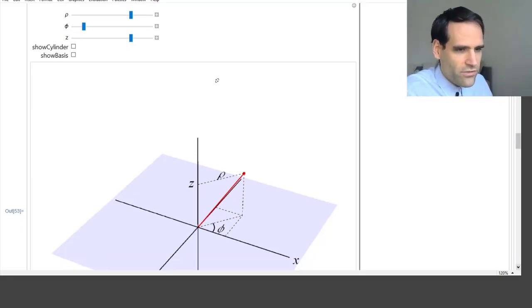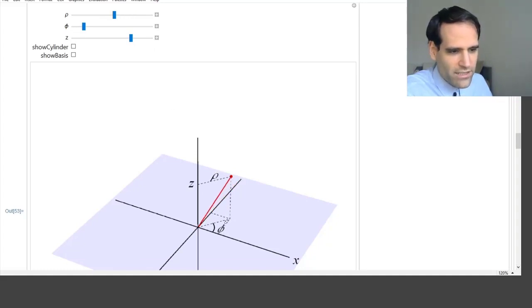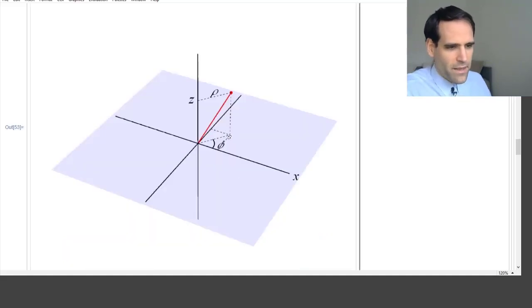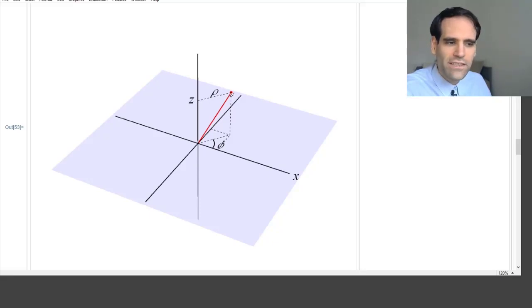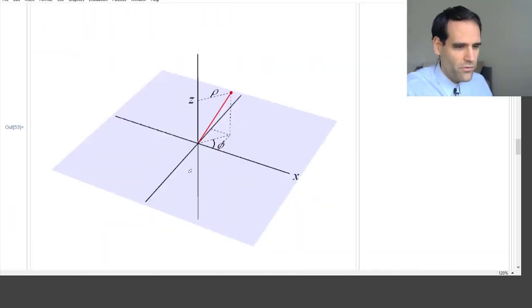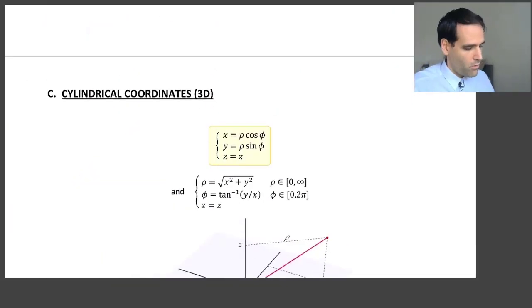Now, if we change ρ, ρ is equal to the distance, but be very careful. It's equal to the distance between the point and the z-axis. It's this distance here, ρ. It's not the distance between the point and the origin. It's the distance between the point and the z-axis, which is the same as this distance on the bottom here, which corresponds to what I was showing in polar coordinates.